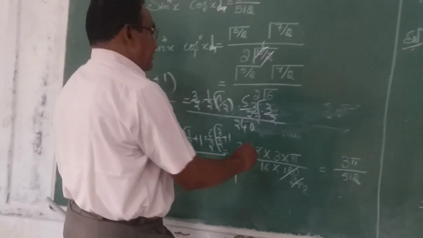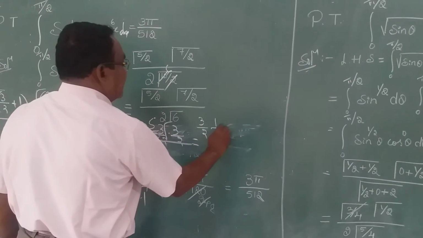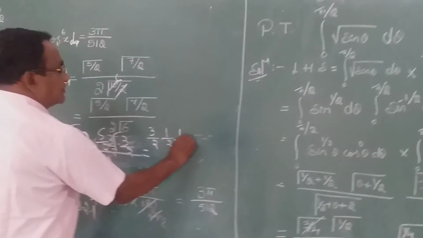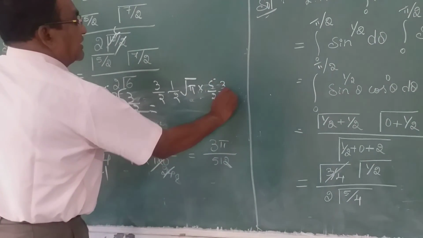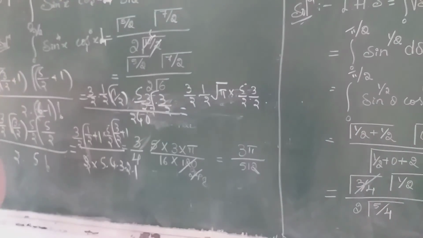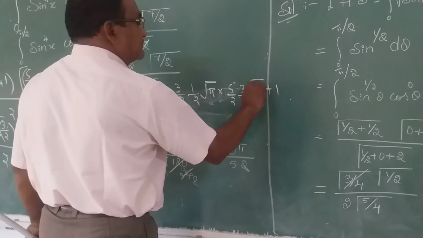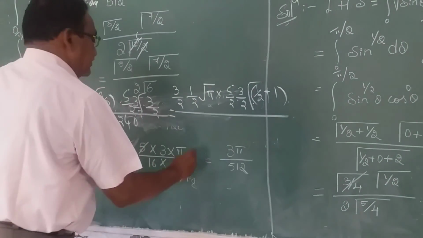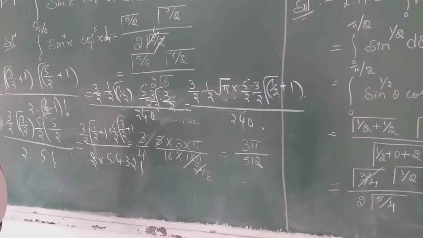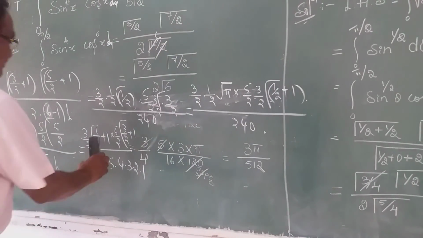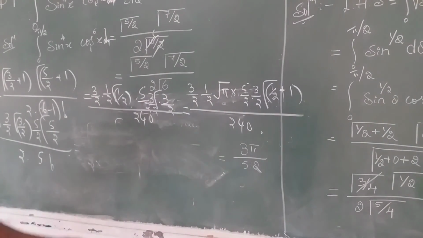Okay, this is equal to 3 by 2 write it as it is, half write it as it is, into gamma half is root pi, into 5 by 2 into 3 by 2 into gamma 3 by 2, once again it may be written as gamma half plus 1, divided by 240. This is equal to what?